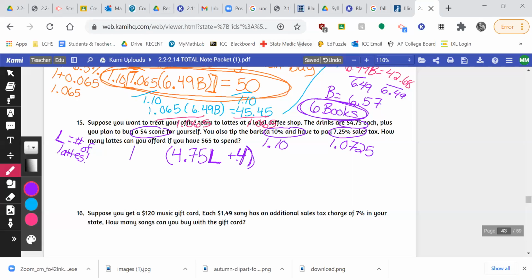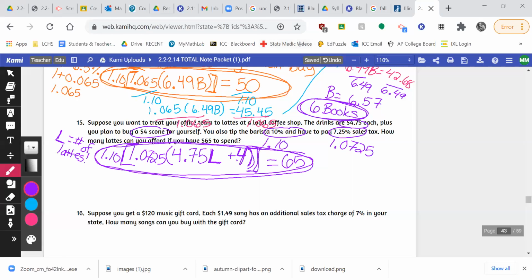Next, I'm going to apply the tax, and then I'm going to apply the tip. And I know that all of it will end up equaling the 65. With this one, you can't just divide, because you have the +4 on the inside.